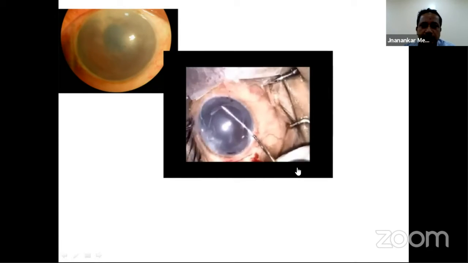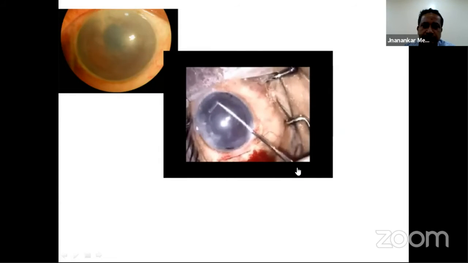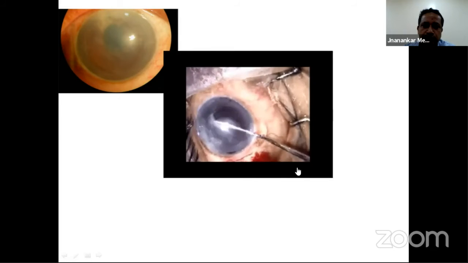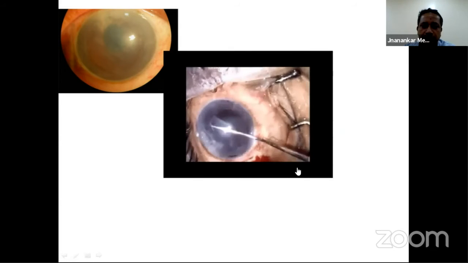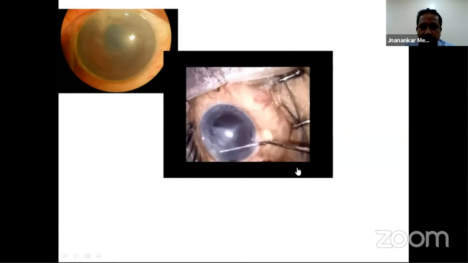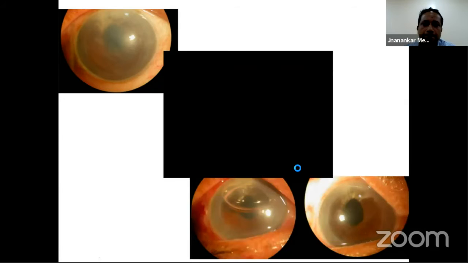So I took up this case, a simple routine case as I had said before, for a resurgery. It was surprising that though the graft was flipped, it was very well attached, and I had to use definitive force to remove the graft from the host stroma. Once the graft was removed, then it was a normal DSAEK case.